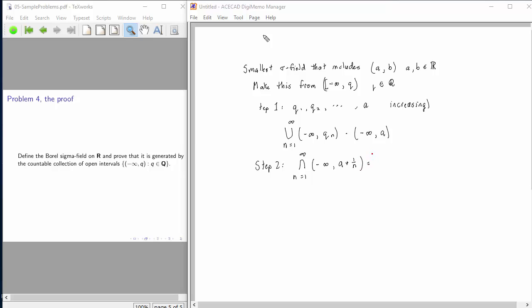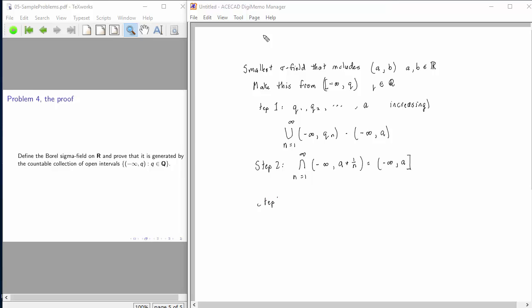And when I form this intersection, a is in all the intervals, but nothing bigger than a is in all the intervals. So the resulting infinite intersection is now an interval that is closed at the right endpoint.